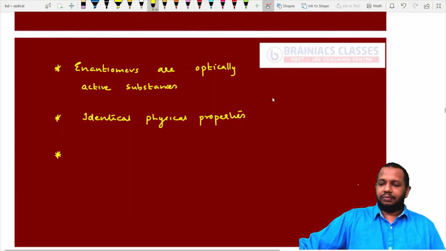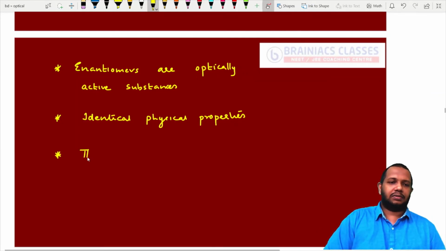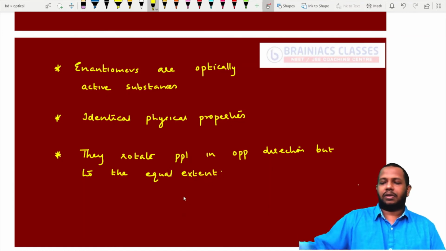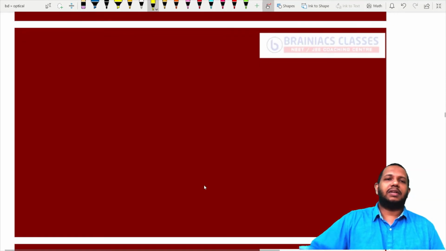So we can say they rotate the plane polarized light, PPL, in opposite directions but to an equal extent. Because if one is rotating 10 degrees, the other will also rotate 10 degrees, but in the anti-clockwise direction. Equal extent. Very, very important.